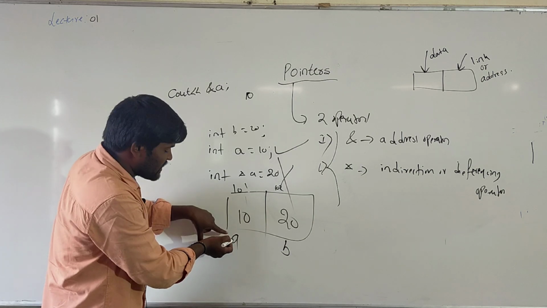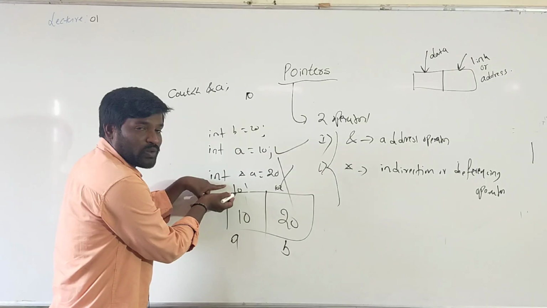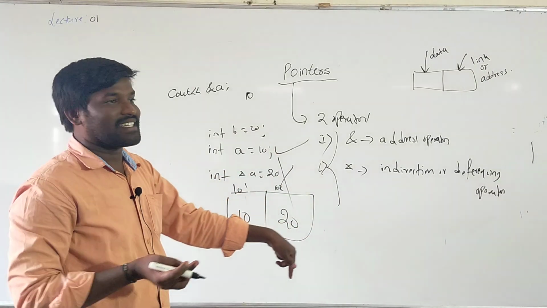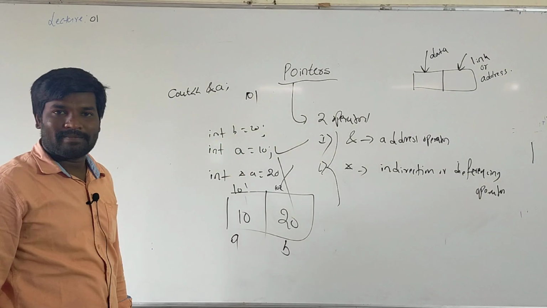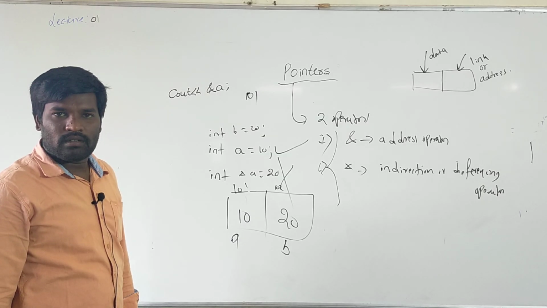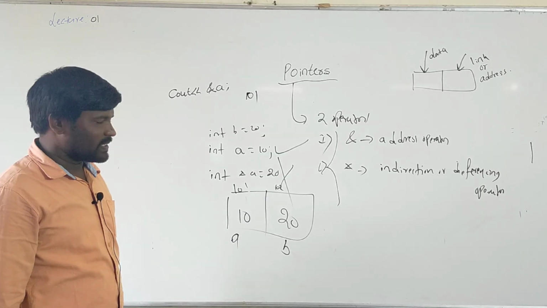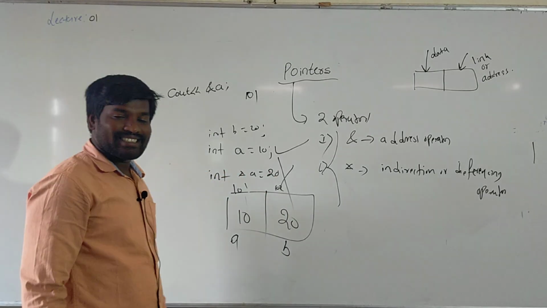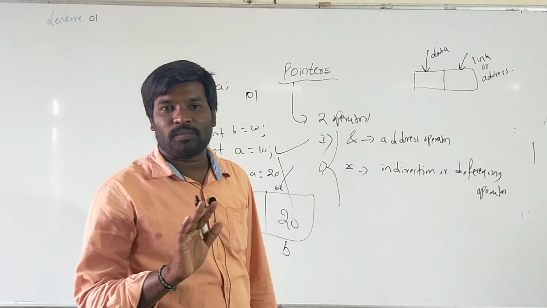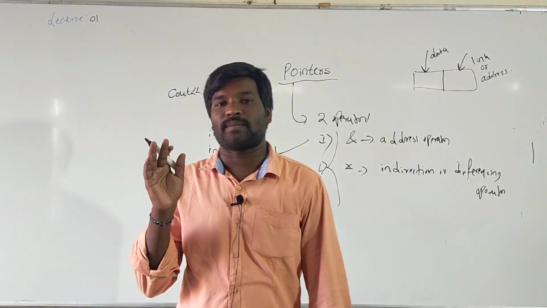Here A is there. The address of A is 101. If you want to print that address, you can use AND of A. Here AND of A is 101. But star A is equal to 20, star A is equal to 10 is not possible. Directly we cannot initialize the pointer variables.